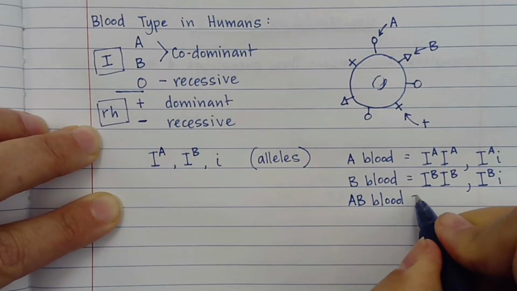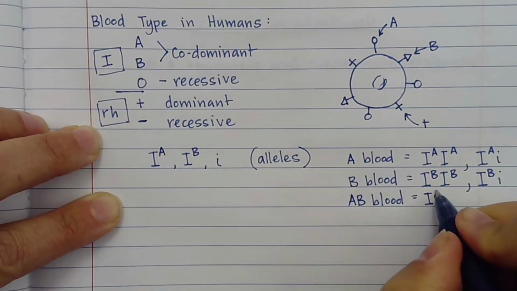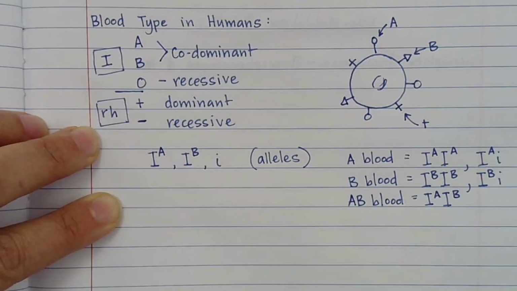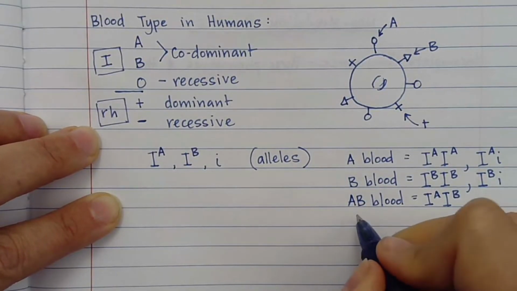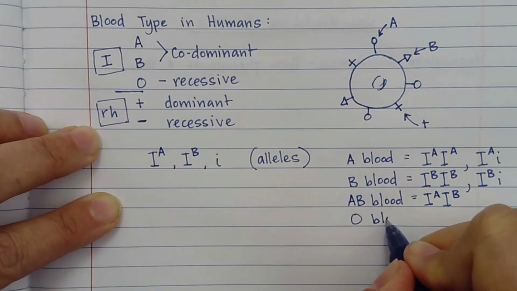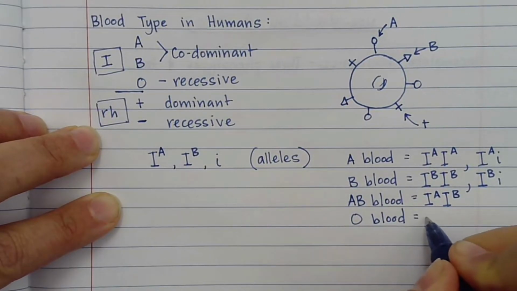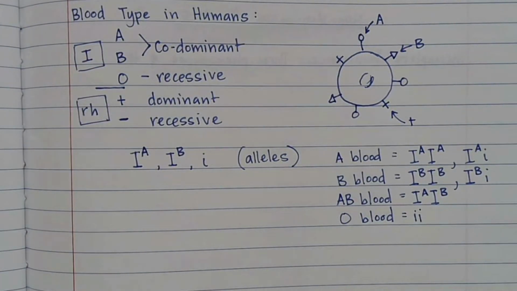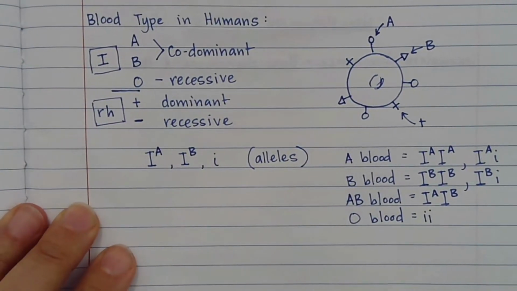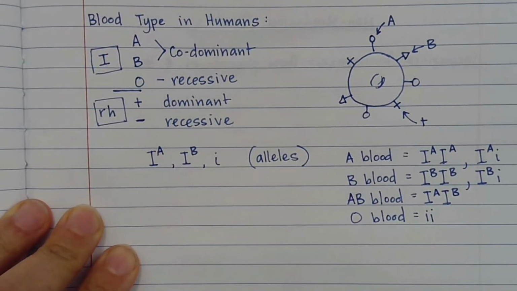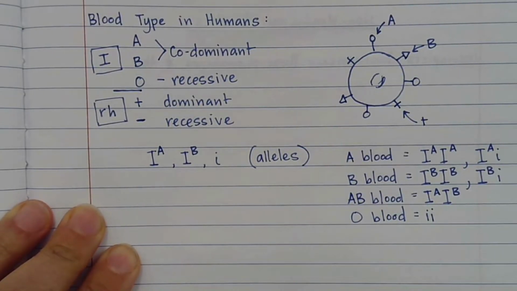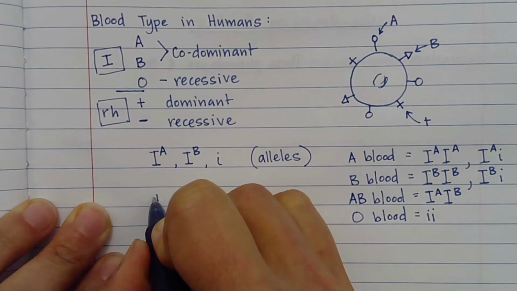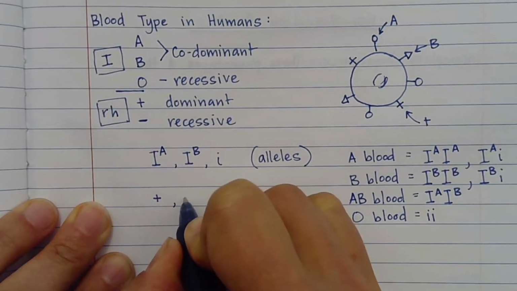And that means that they have the A protein and the B protein being made in their red blood cells. And then O type blood, that's going to be when you have no protein, so you have the ii. So we can make it even more complicated. For our other gene, our alleles are positive and negative.